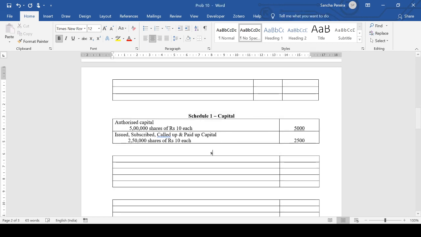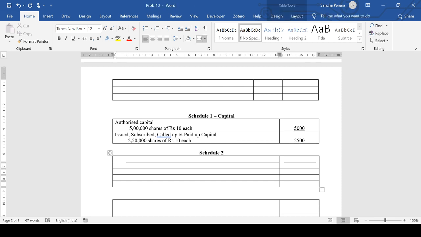Next we have Schedule 2. Now let's see what we have. We have the statutory reserve. Now statutory reserve we cannot complete until and unless we complete our profit and loss account. So we just write the opening balance and keep.